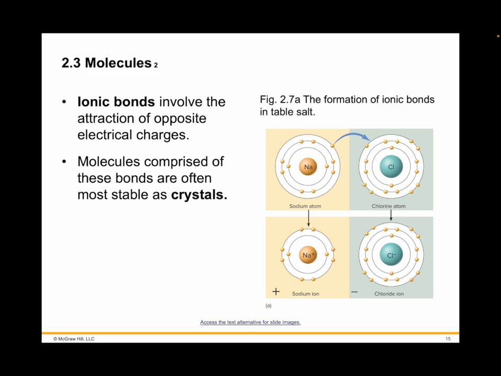Because each ion is electrically attracted to all surrounding ions of opposite charge, they form an elaborate matrix of ionic bonds between alternating sodium and chloride ions, which is a crystal. That is why table salt is composed of tiny crystals and is not a powder.